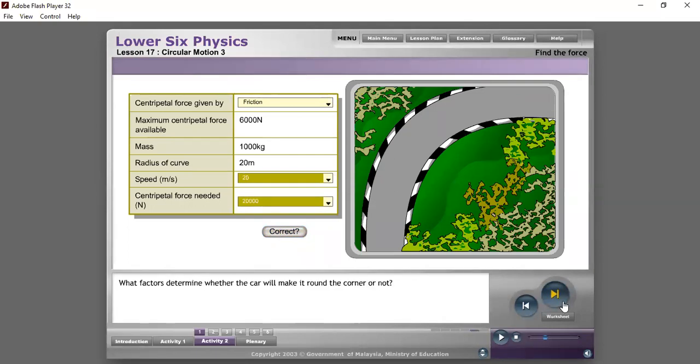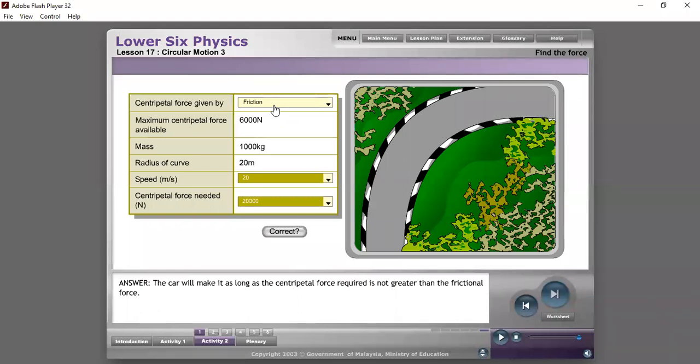What factors determine whether the car will make it round the corner or not? Answer: the car will make it as long as the centripetal force required is not greater than the frictional force. So this 6,000 Newton maximum centripetal force actually comes from the friction of the car.